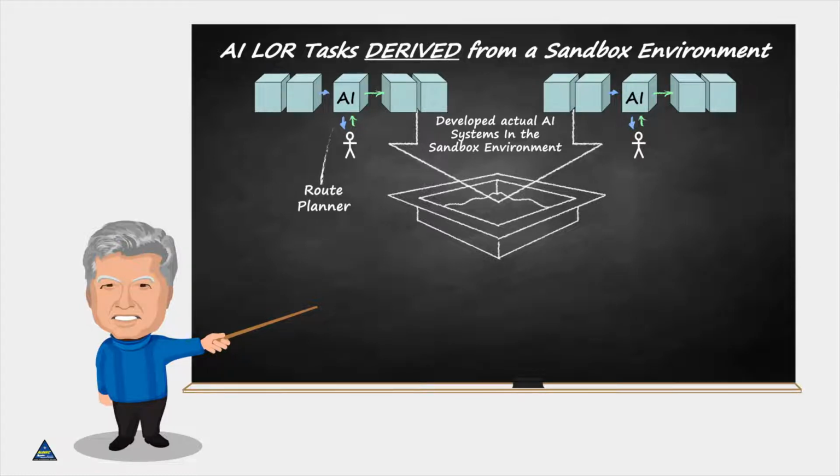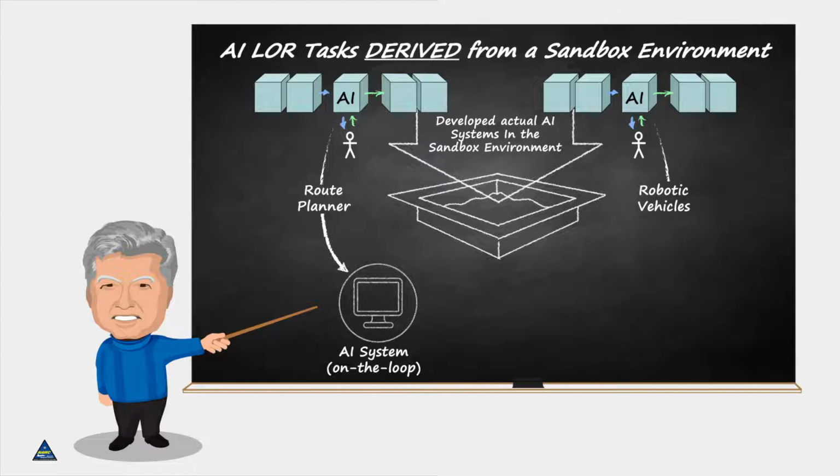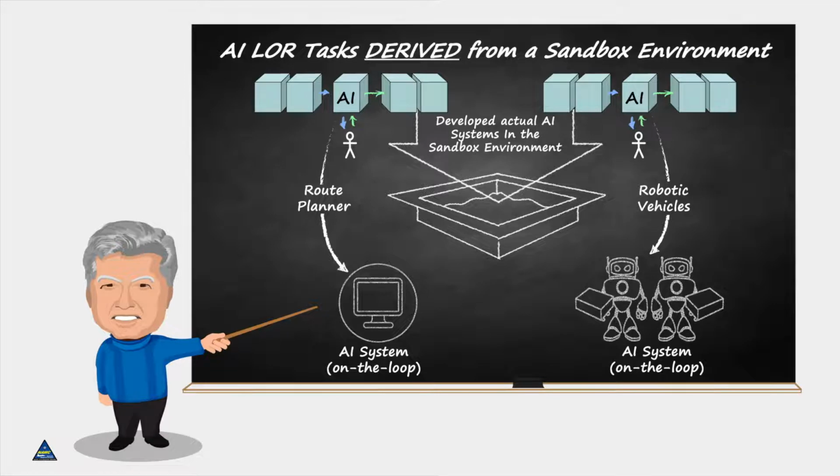One type of that technology was a route planner that we talked about earlier, and we developed it with a human on the loop. Another part of that technology was a set of robot vehicles, and we developed that with a human on the loop. Those two systems, we actually created a use case.